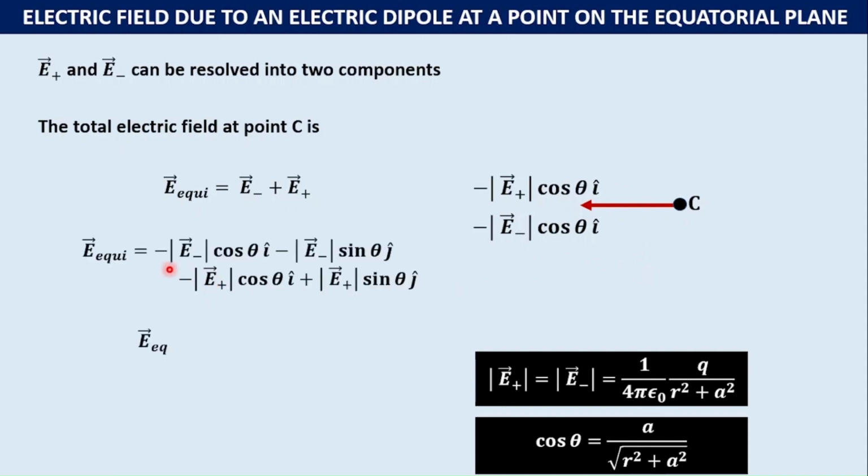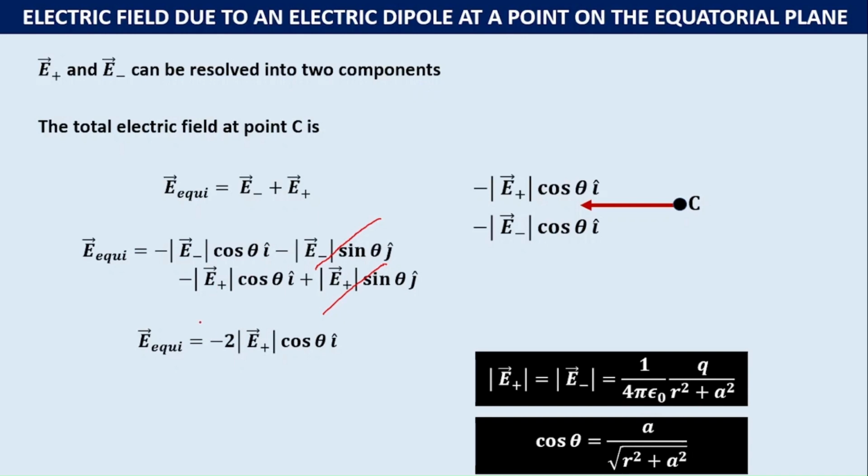All these four vectors have been given here. In that, you know that the sine components cancel each other because the modulus of E plus vector and modulus of E minus vector are equal, so they cancel each other.